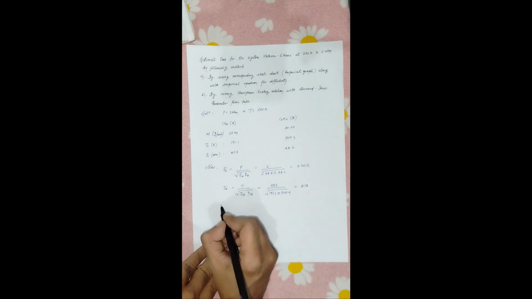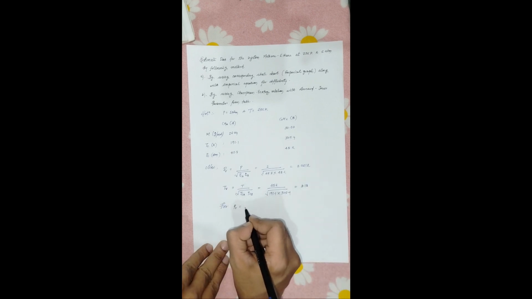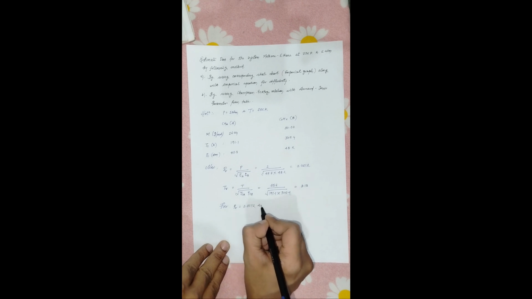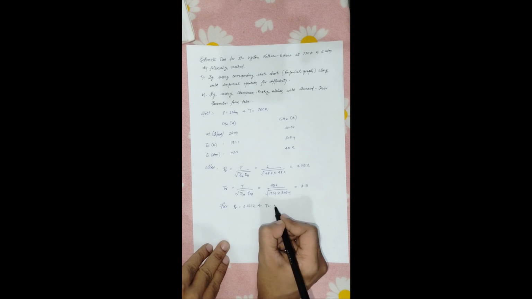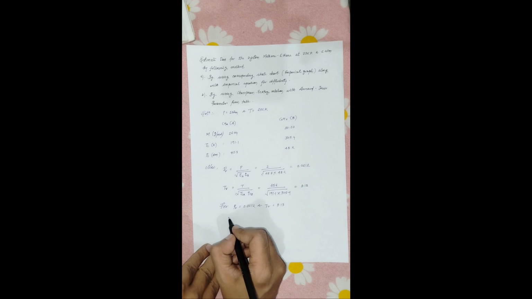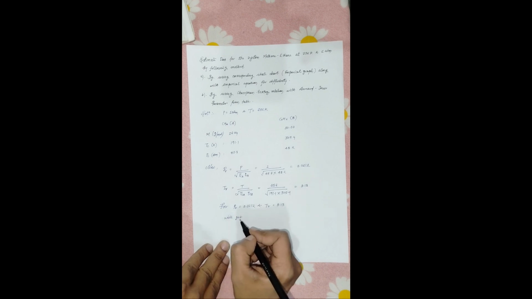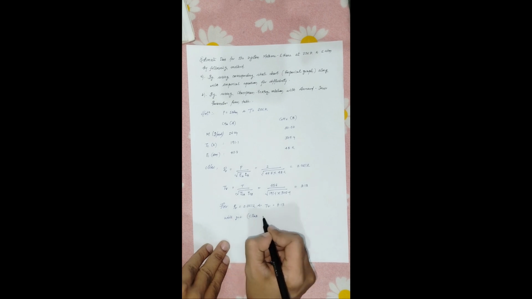so for PR 0.0212 and TR 3.13, we'll get reduced diffusivity from the graph.